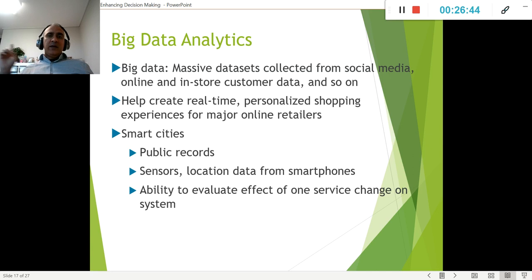Imagine that when I turn on my computer, I generate data. The moment I pass my mouse cursor here, where it was generates data, how long I stayed on the website, what I purchased, whether I put it in my basket, whether I paid with credit card or by transfer. All of that generates a lot of information.